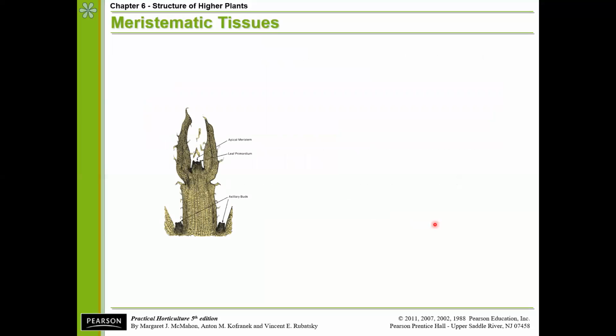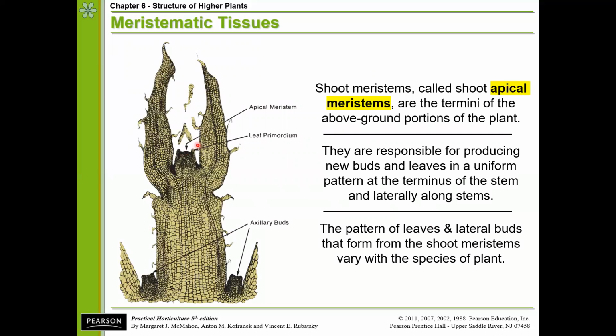In the shoot, we've got this apical meristem, the growing tip of the plant, which is developing into new branches and new buds, which then grow new plants.